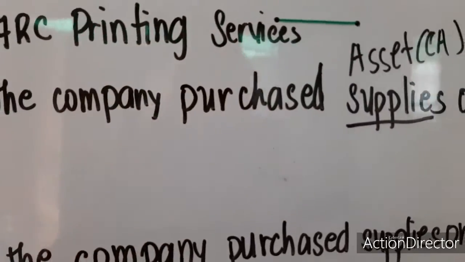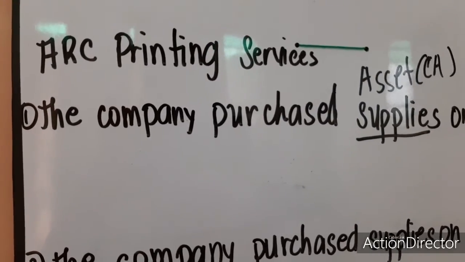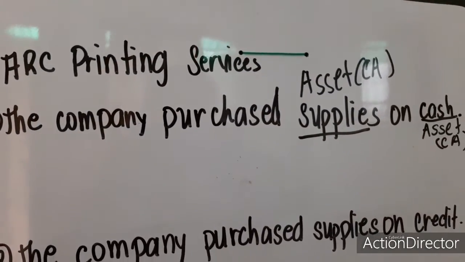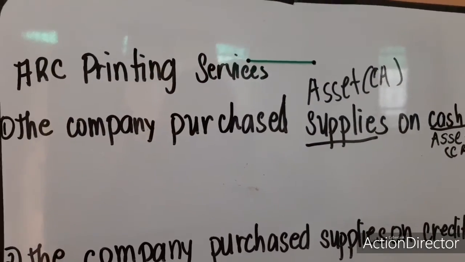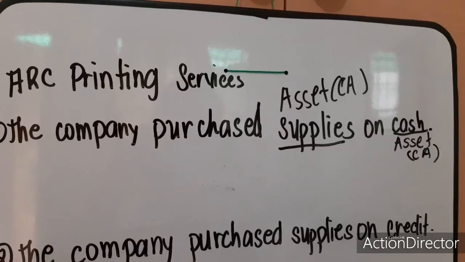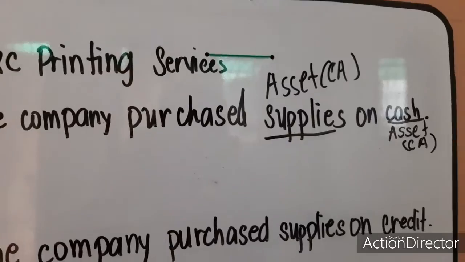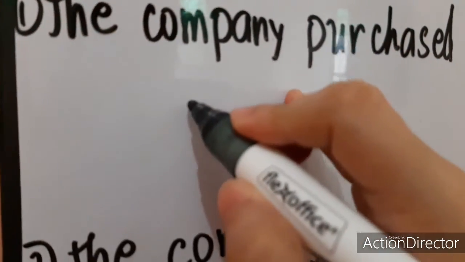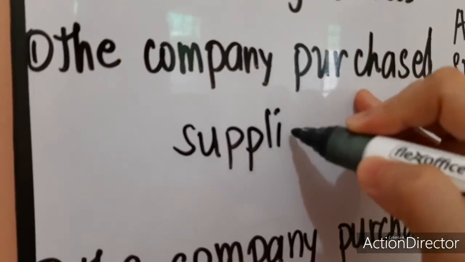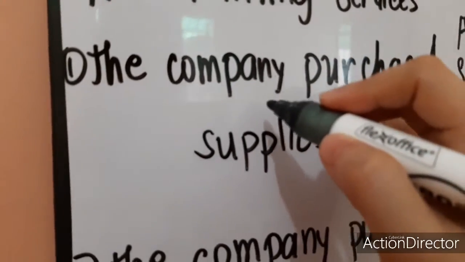Now, it is mentioned that accounting is using a double entry system. Remember that the debit side is what the company or the business received. In this case, ARC Printing Services purchased supplies on cash. So what did the company receive? That is supplies. So this would be on the debit side.